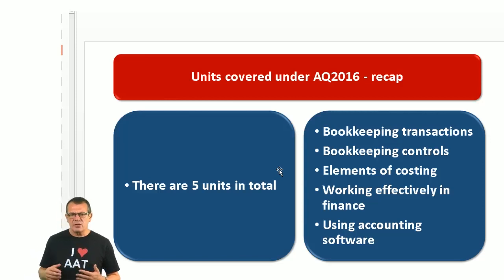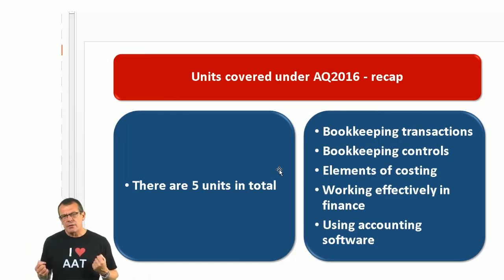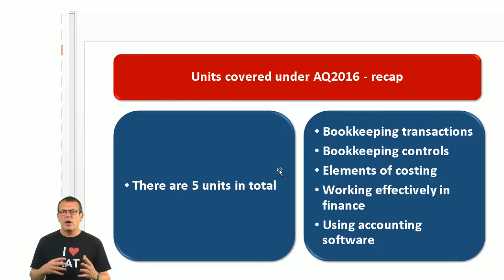These units are bookkeeping transactions, bookkeeping controls, elements of costing, working effectively in finance, and accounting software. All those units need to be covered at level 2 and will form part of the synoptic, except accounting software. I will come to that shortly. That is not part of your synoptic assessment.